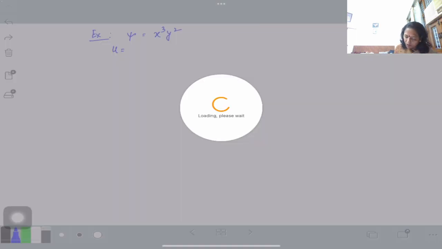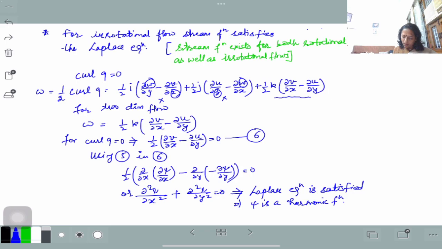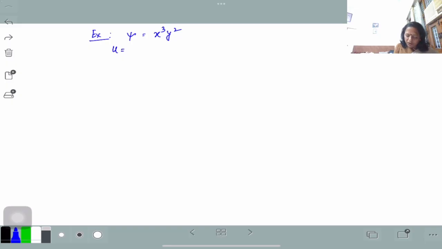Then I know that u is minus ∂ψ/∂y, so it is equal to minus 2x cube y. This is just the u. And v is ∂ψ/∂x, which will become 3x square y square.